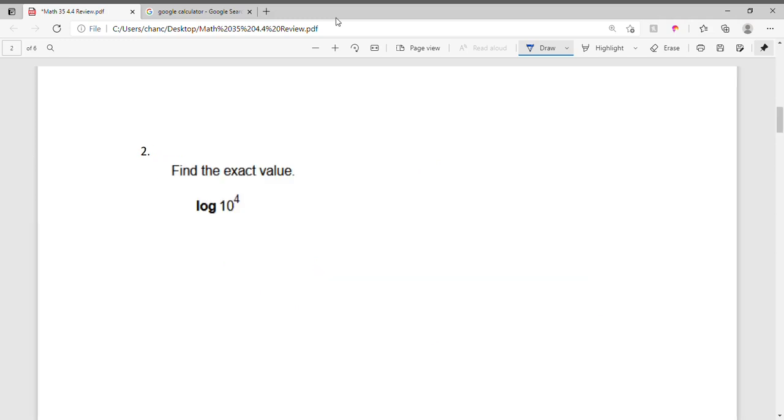Question 2, find the exact value of log 10 to the 4. Now when we write log 10 to the 4, there is no base here, so you have to assume this is base 10. What are we asking? We're asking 10 raised to what power is equivalent to the argument, and the argument is 10 to the 4th.